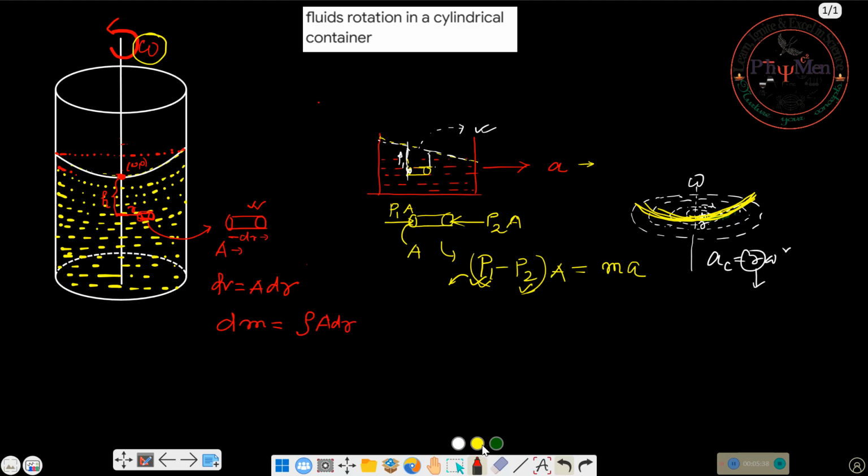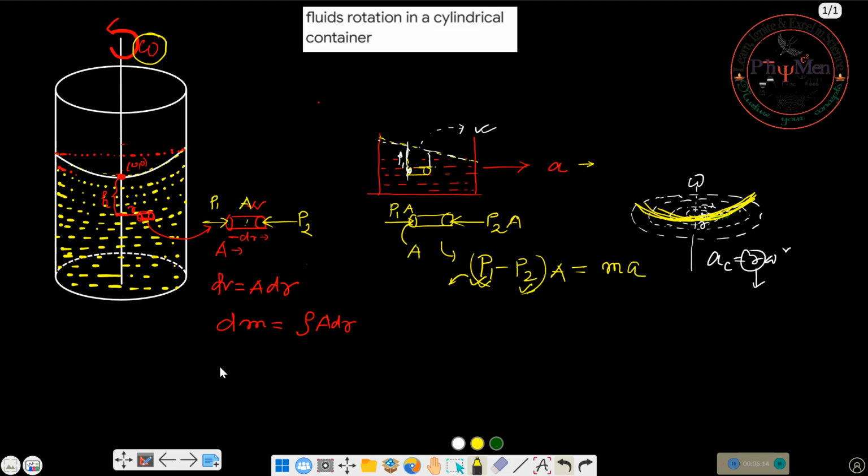Now if we analyze the force diagram for this particular element, here will be pressure P2, and here will be pressure P1. Since this element is rotating with some angular speed omega, it will have a net centripetal acceleration towards the axis.